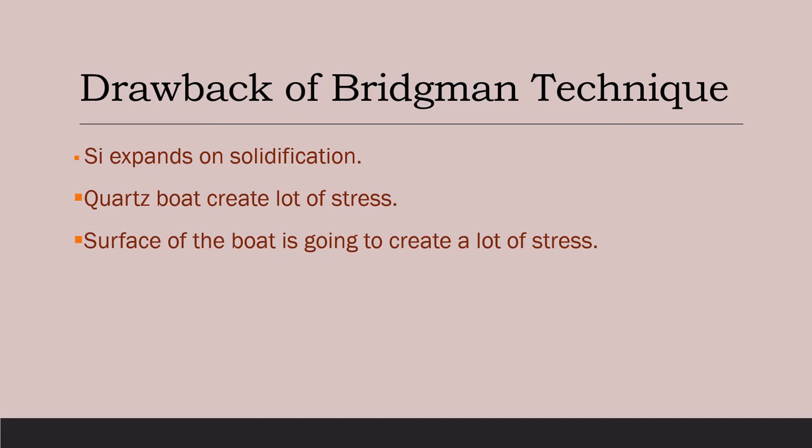It is going to create a lot of stress on the crystal, and therefore we know that whenever a lot of stress occurs, dislocations will be formed. So Bridgman grown single crystals have a lot of dislocations in them.